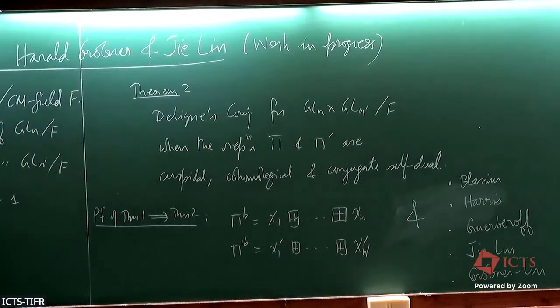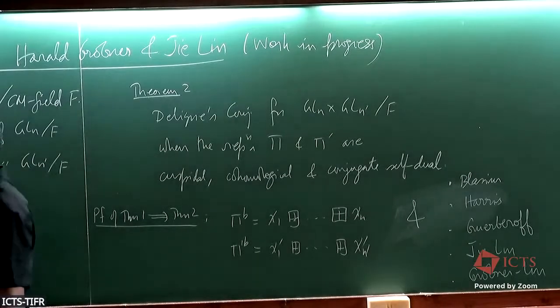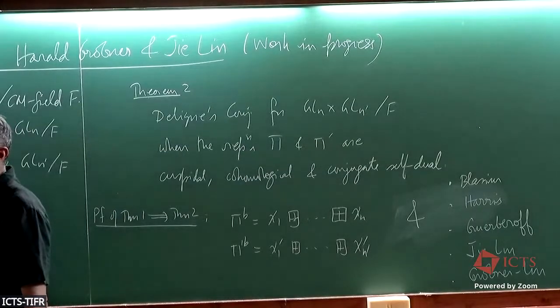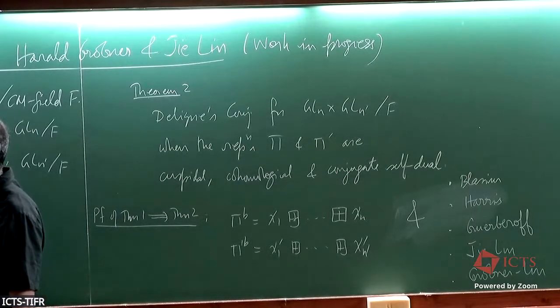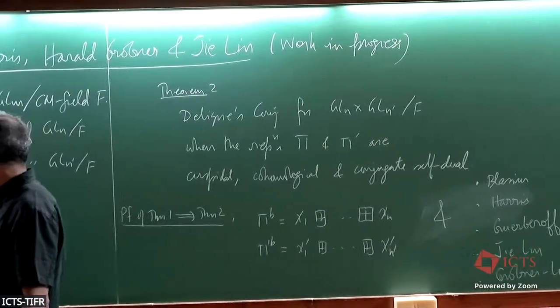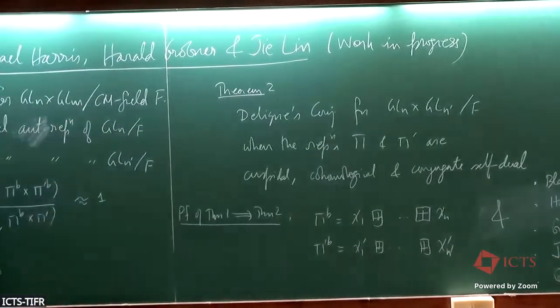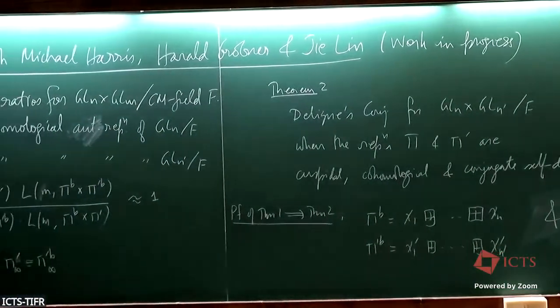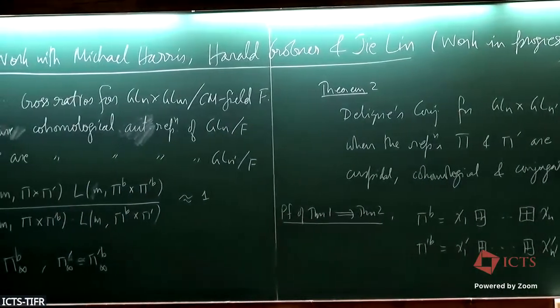So in the rest of the talk, I want to give you a good feel for how one proves the cross ratios theorem. And I'll do it for when pi and pi prime, actually all the ingredients, are cuspidal. And you will see it has a beautiful richness and detail.